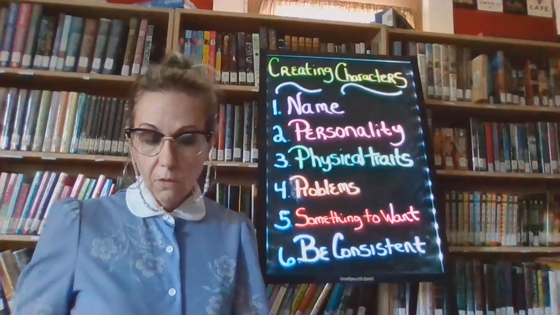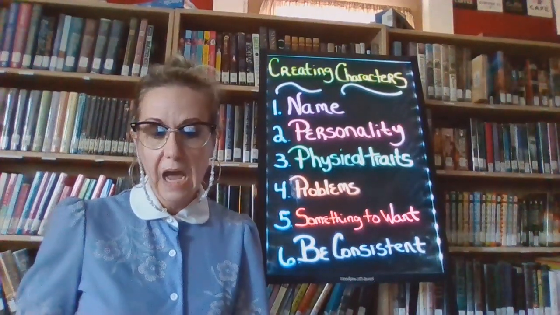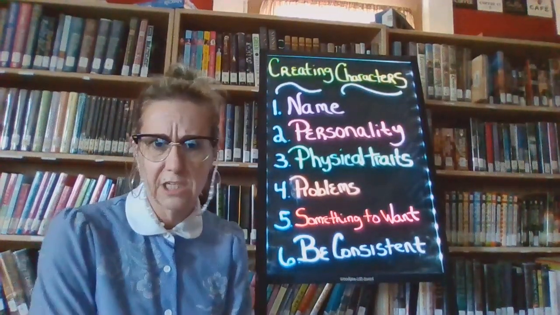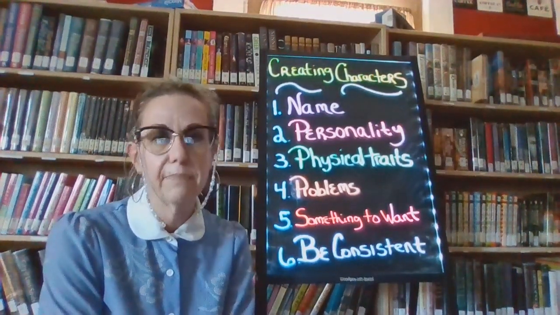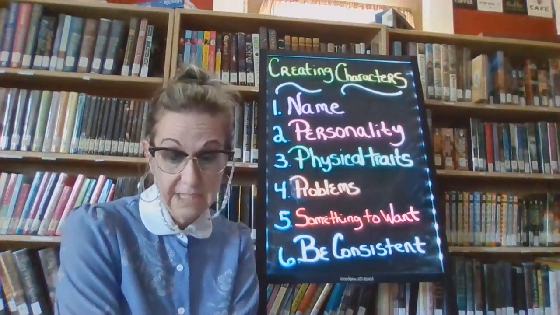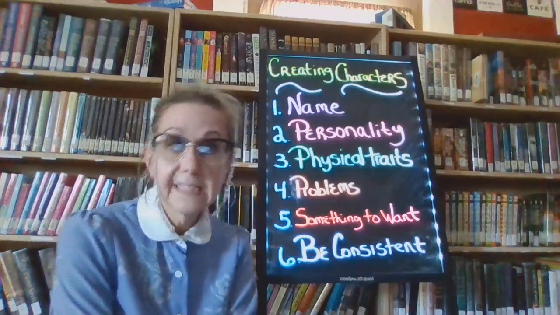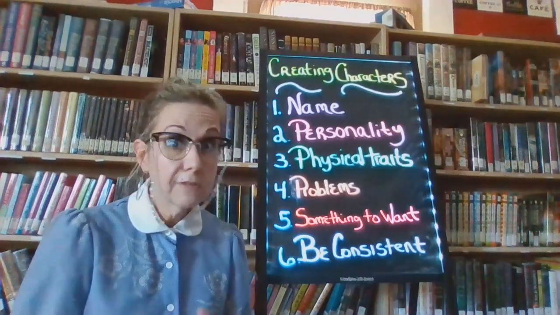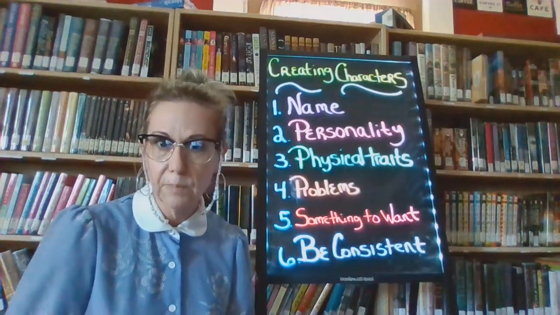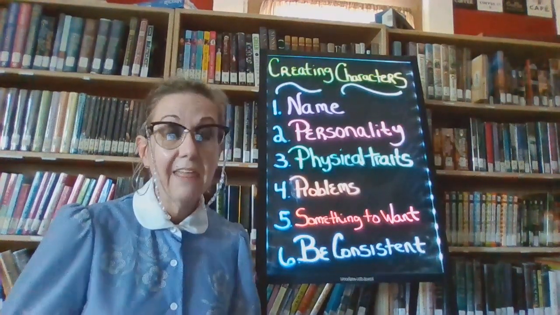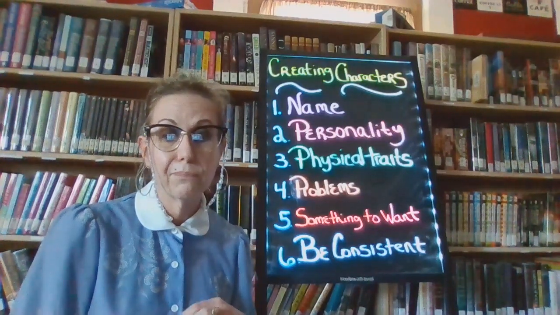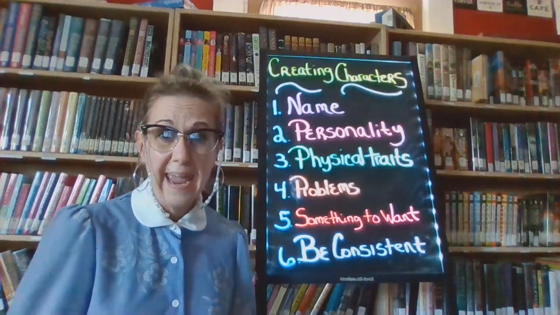So what you want to do, again, is maybe ask yourself some questions about your character as you're developing them. Think, what do they like to eat? Do they know any famous people? Do they play sports? All those things you can use to help develop a memorable and believable character that your readers will empathize with.